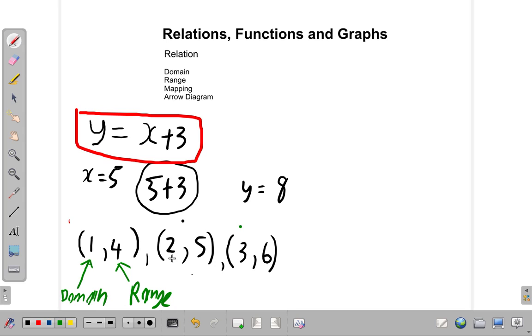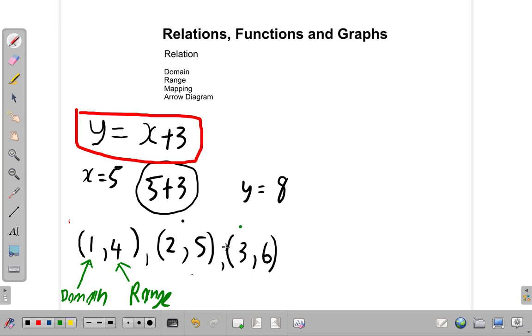In this case, 2 is the domain and 5 is the range because I put in 2 and get out 5. 3 is the domain and 6 is the range in this case, because I put in 3 and get out 6. So these are the ordered pairs. You put in what is on the left and get out what is on the right. Don't switch them around.